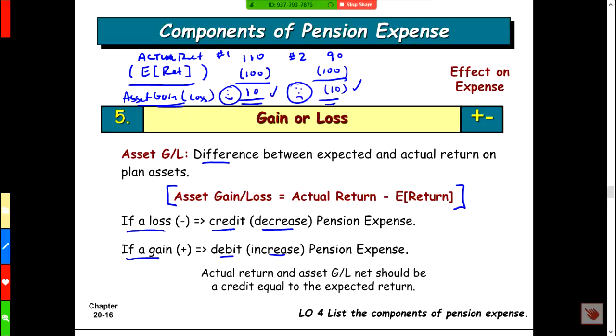You're going to see that by using this asset gain or loss in combination with the net actual return, the pension expense adjustment equals the expected return. All right, that's a little bit complicated, but this asset gain or loss adjustment is a little bit unnatural.